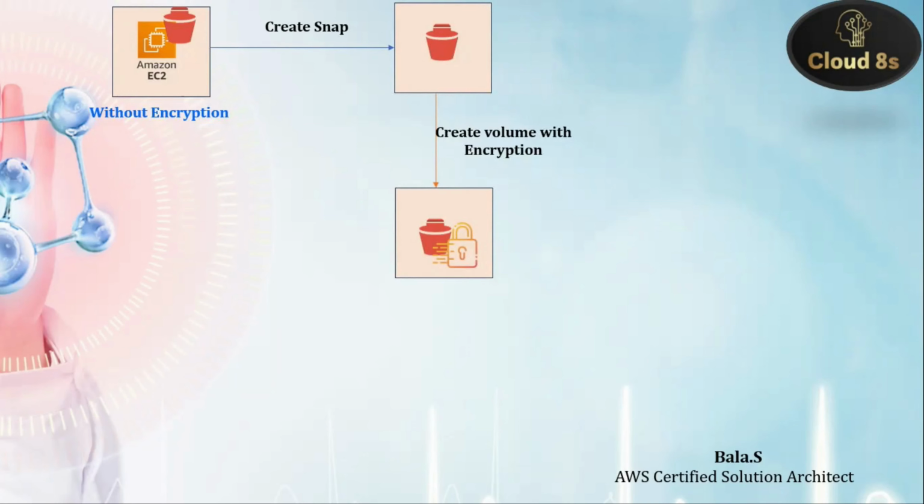Basically that key will encrypt all the existing data. Using that volume, we can use it for any kind of EC2 or existing EC2, anything we can do. So this is the way we can encrypt a volume from an unencrypted data disk. We will see it in the portal so that we get more idea on this.